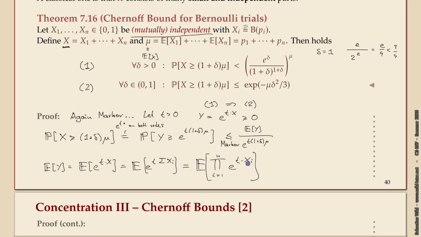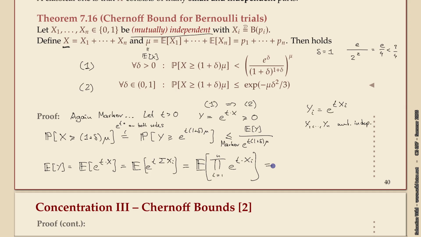These xi are independent random variables by assumption. And e to the t xi as a random variable, so if you say yi is this guy, these are also then independent, because the xi's are.